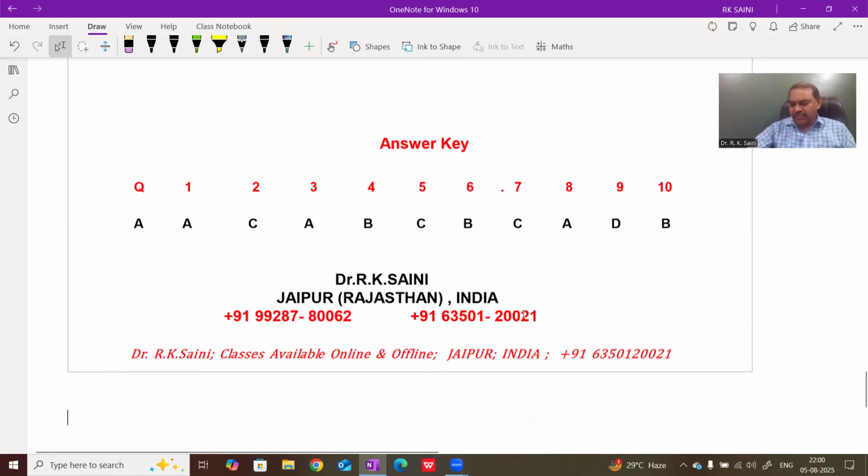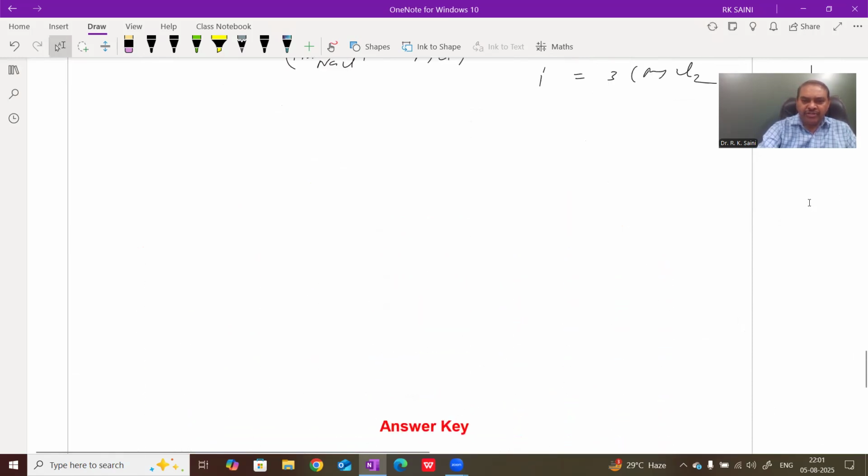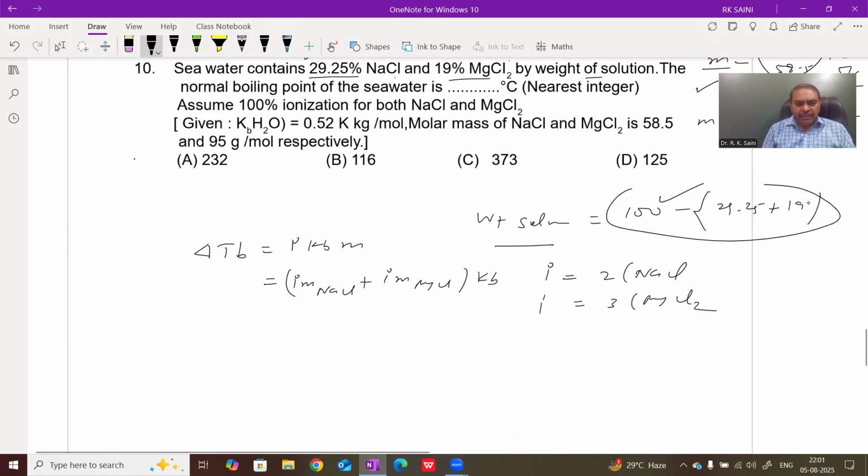Therefore, the answer of question 10 is 116 degree centigrade, because the elevation in boiling point is 16 degree centigrade.